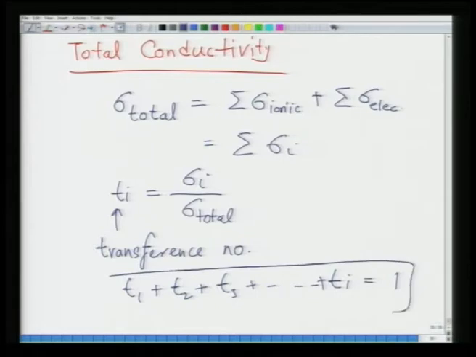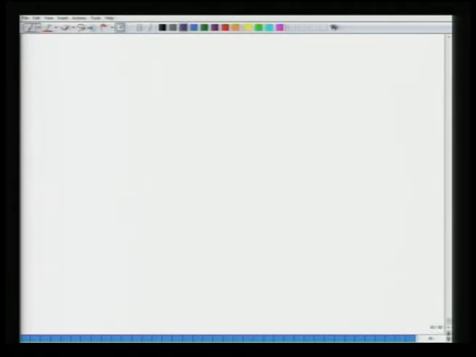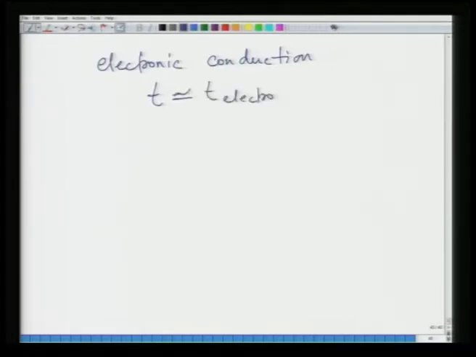So, naturally when you have electronic conduction, t is almost equal to t electronic, and this will be equal to 1.